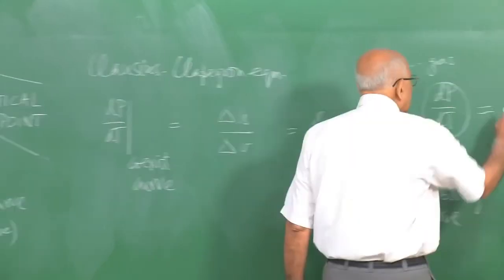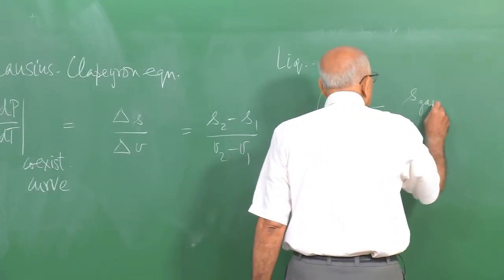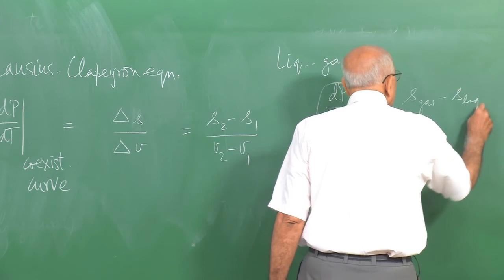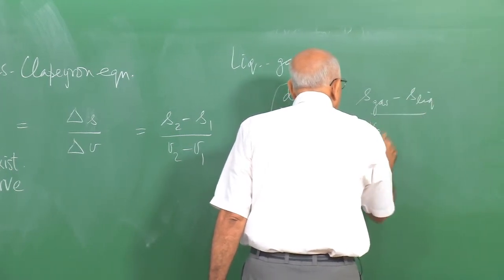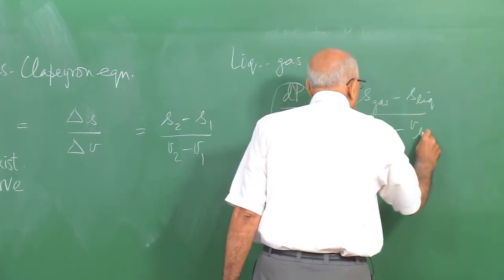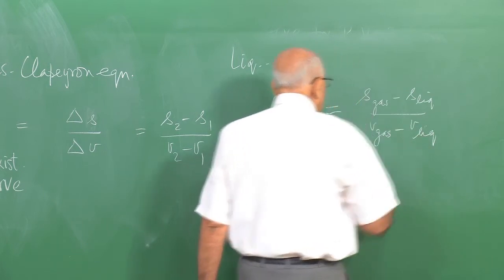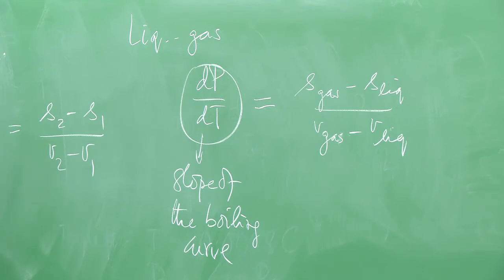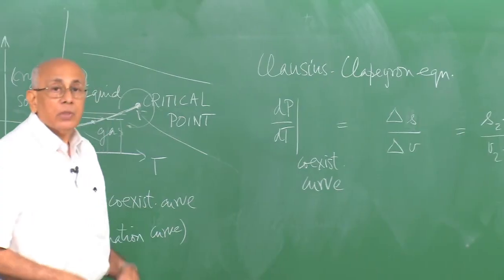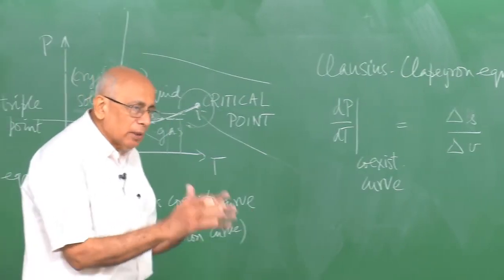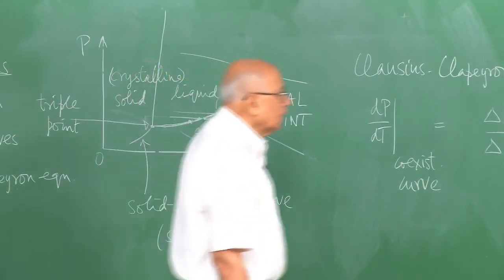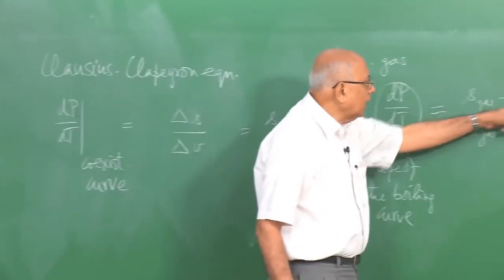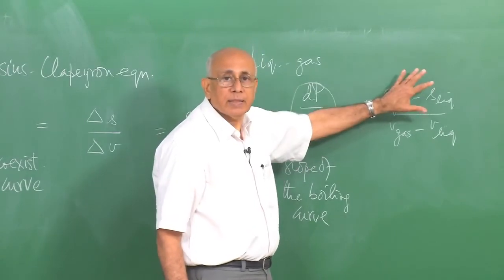So let us write this as S gas minus S liquid over V gas minus V liquid, where S is the entropy, and we know that entropy is a measure of disorder, and we know that the gas phase is much more disordered than the liquid phase. So this is much bigger than that, and the numerator is positive as I have written it here.